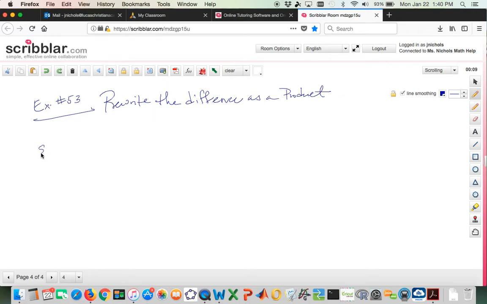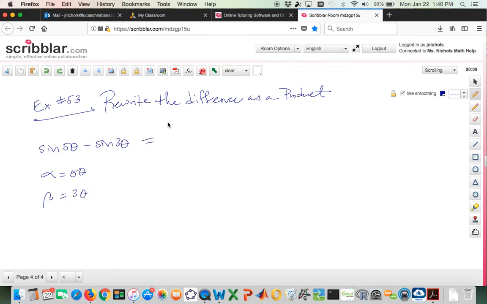They give us sine of 5 theta minus sine of 3 theta, and we are to write this difference as a product. Again, alpha is going to be equal to 5 theta by comparing to the equation sheet, and beta is going to be 3 theta.